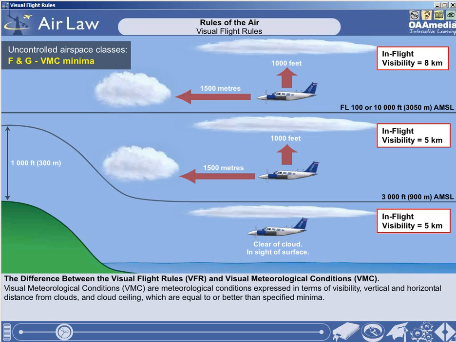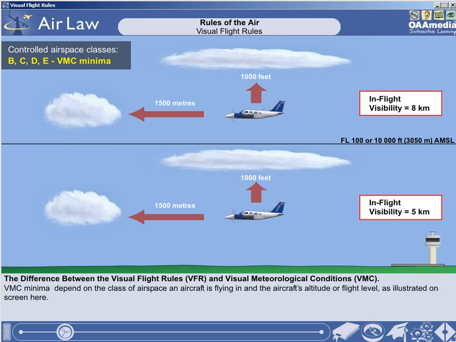Visual meteorological conditions, or VMC, are meteorological conditions expressed in terms of visibility and vertical and horizontal distance from clouds and cloud ceiling, which are equal to or better than specified minima. These VMC minima depend on the class of airspace an aircraft is flying in and the aircraft's altitude or flight level.